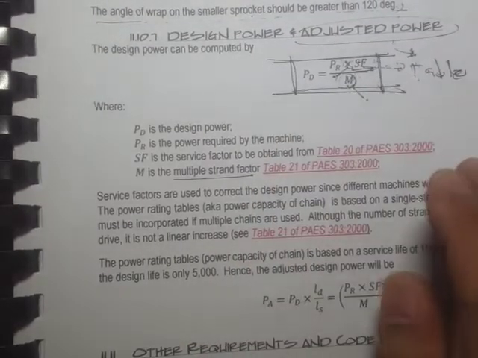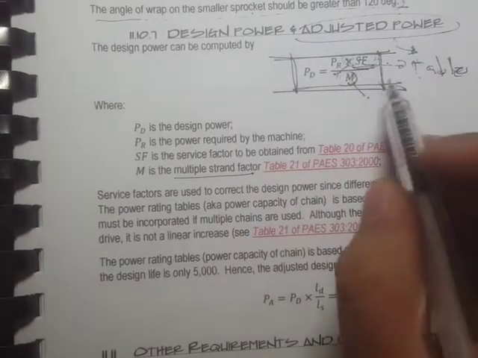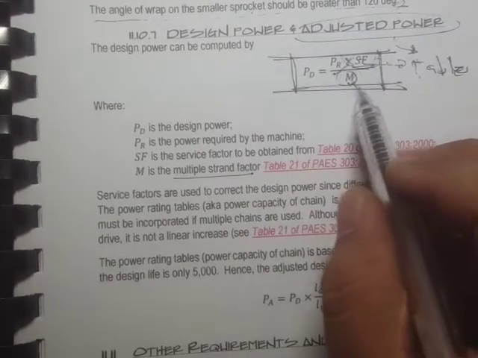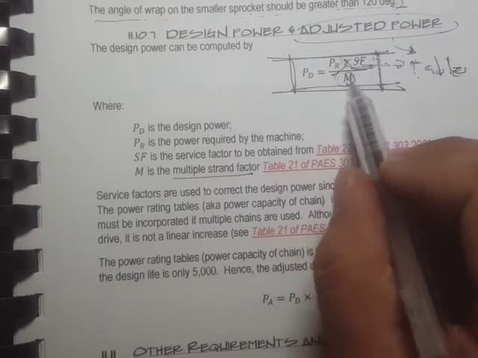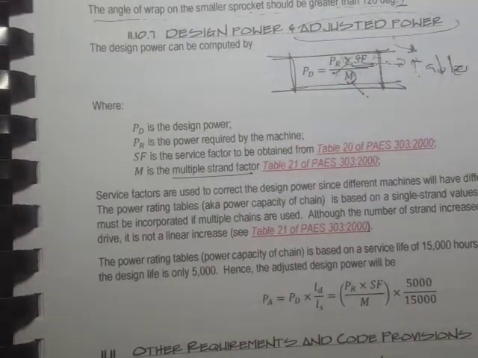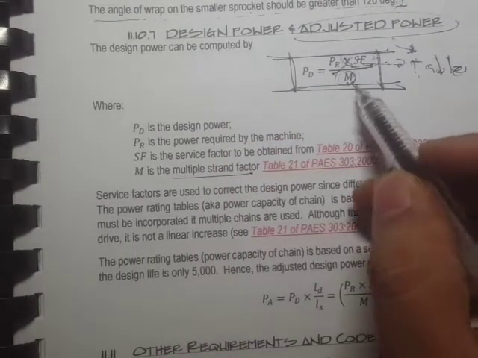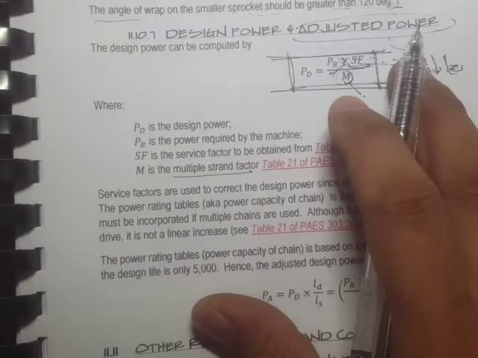I don't know why it's like that, but we'll just use this M in the denominator because that's how it looks in our PAES.